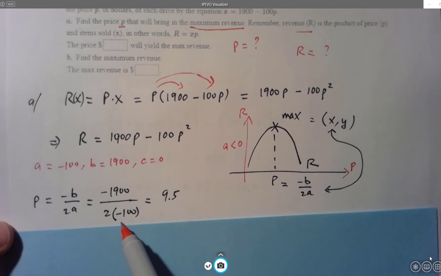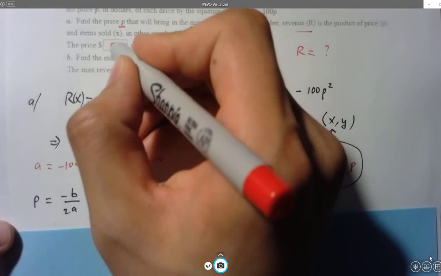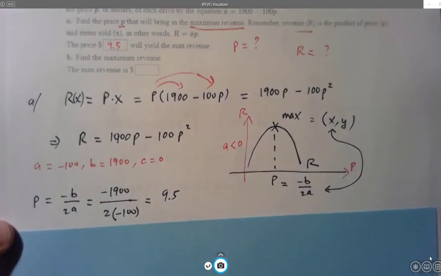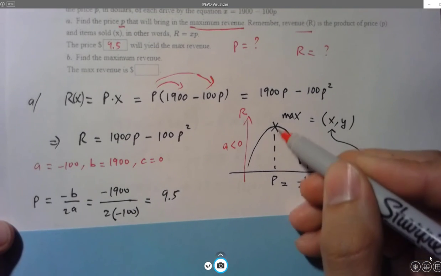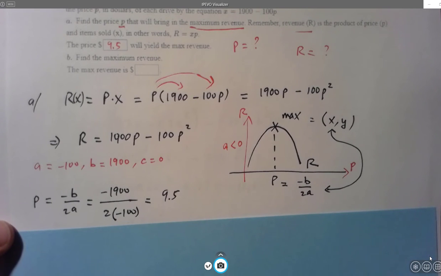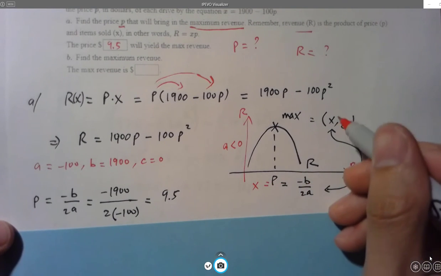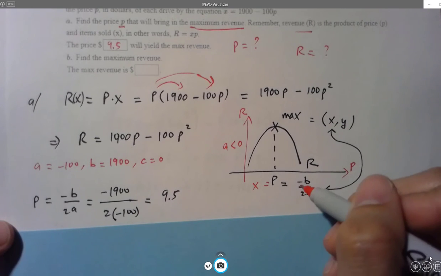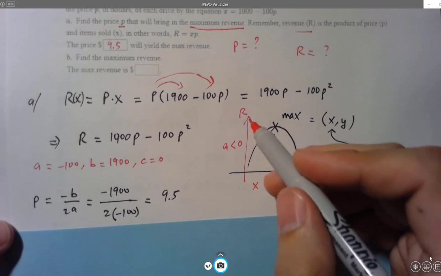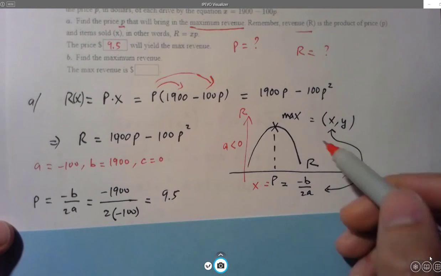And you find that the price is 9.5. So the price should be 9.5 dollars to give you the max revenue, right? So this is the x location of the vertex, which is minus B over 2A, and that gives you the location of the max. So that's all you have to do.